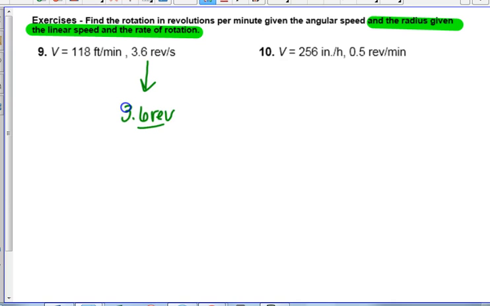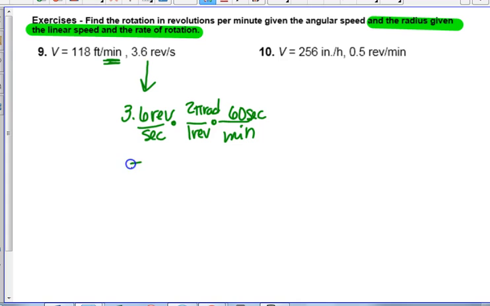3.6 revolutions per second. We need it in radians, and because of the velocity, we probably also want it in what? Minutes. So let's change this to radians and minutes. 1 revolution is 2 pi radians, and 60 seconds is a minute. Oh, this one's all on the top, right?